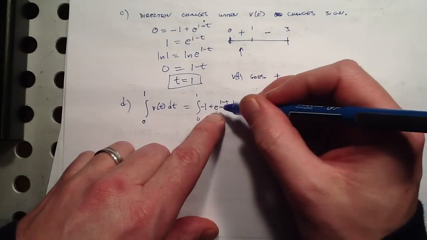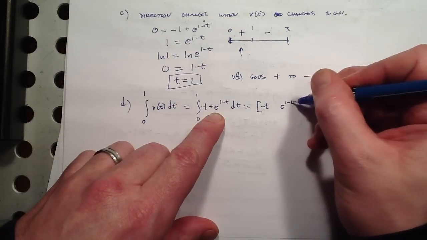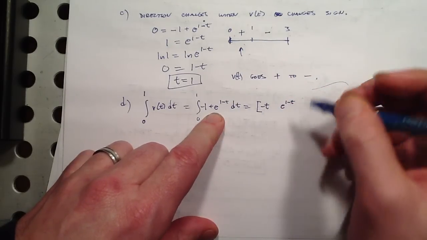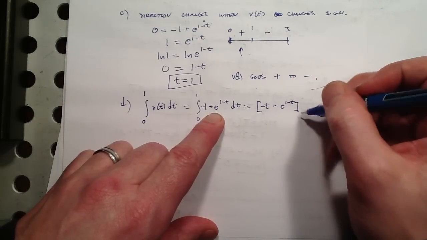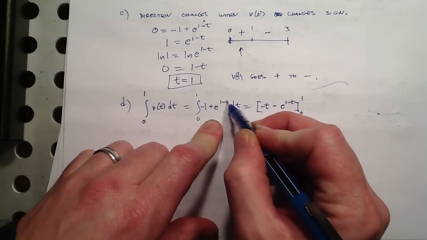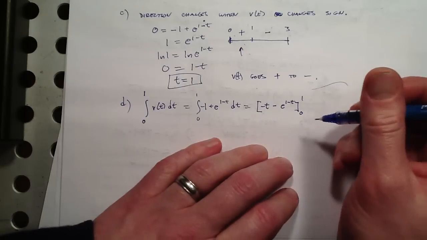The antiderivative of e to the 1 minus t is negative e to the 1 minus t. If you do a u substitution, it's just a negative sign that's going to pop out. You can work through that if you want to. Your du would just be negative dt, and that would pop a negative sign out. So that's what's happening there.